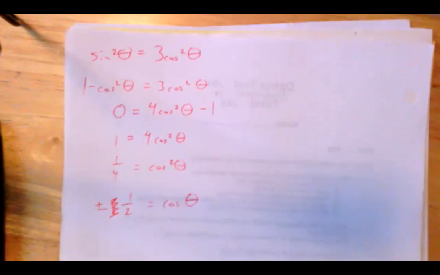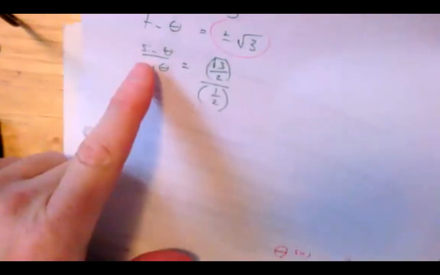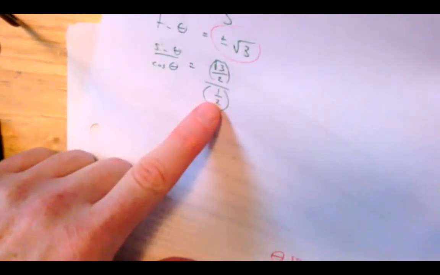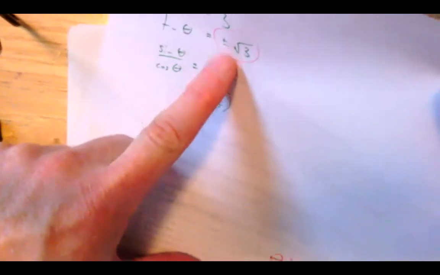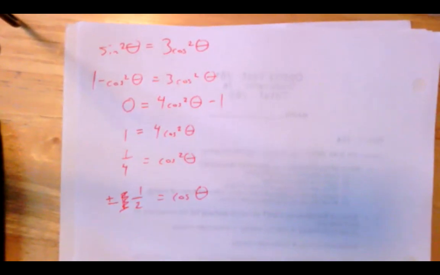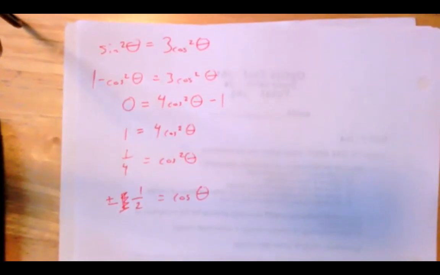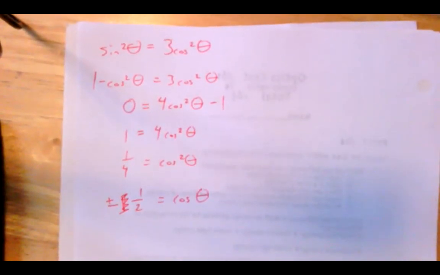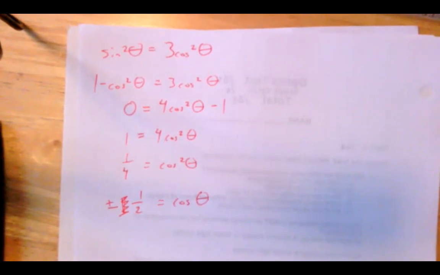And remember, when we were doing it this way, cos was a half, which is plus or minus a half, what we have here. And on the other one, sine is root 3 over 2. If cos is a half, sine has to be root 3 over 2, and vice versa for a unit circle. So this gives us the answers we need.